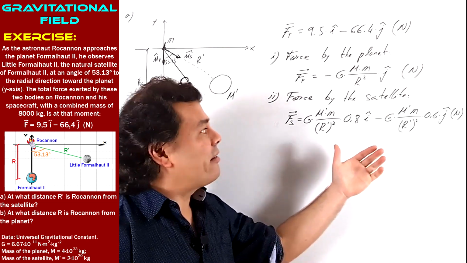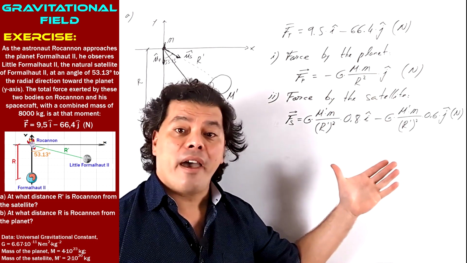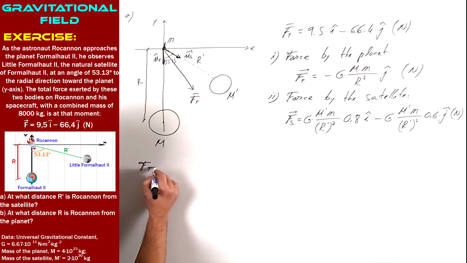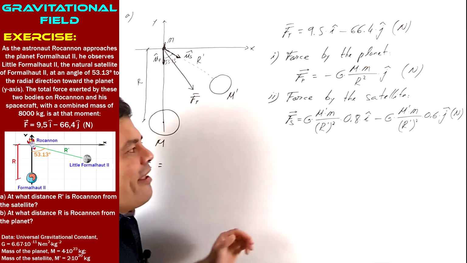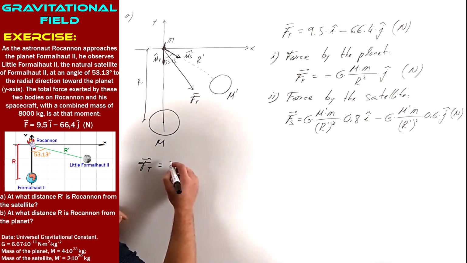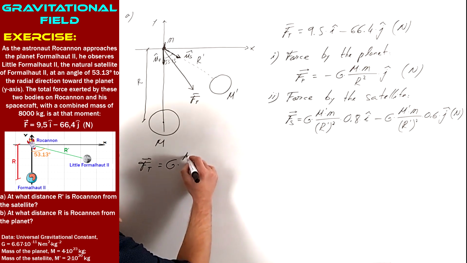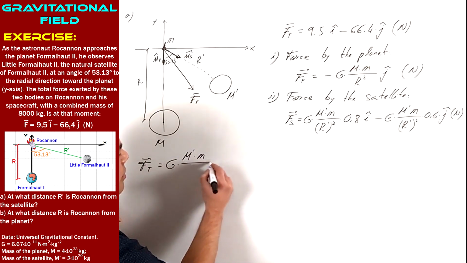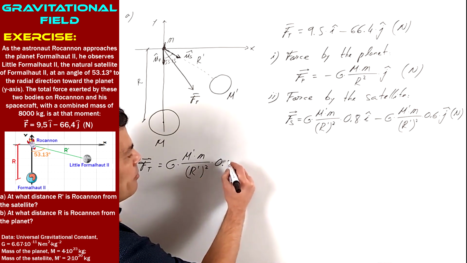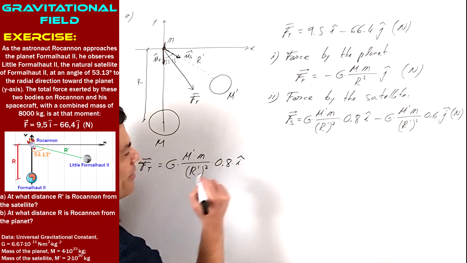Now it's time to add these two vectors in order to have the total force vector. The total force vector will be: horizontal component, only this one, G M prime M divided by R prime squared, multiplying 0.8 i.